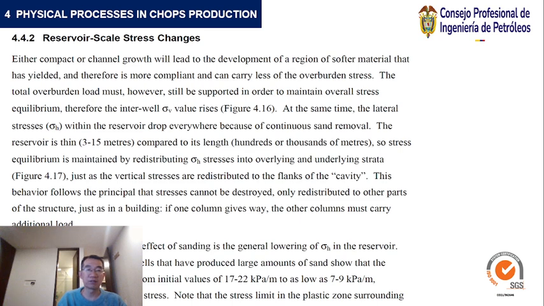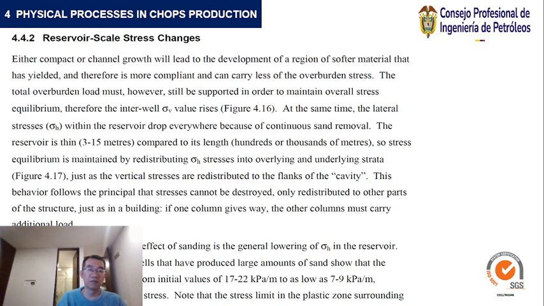This behavior follows the principle that stress cannot be destroyed, only redistributed to other parts of the structure. Just as in a building, if one column gives way, the other columns must carry additional load.